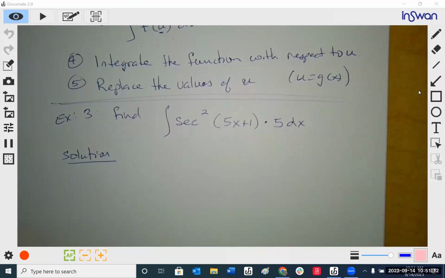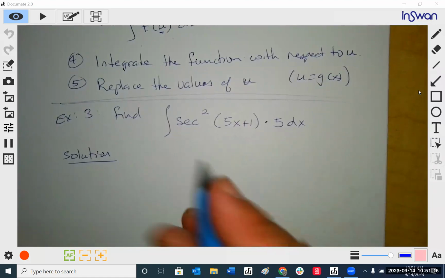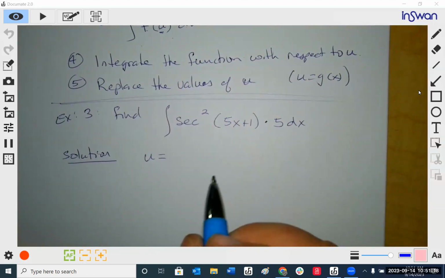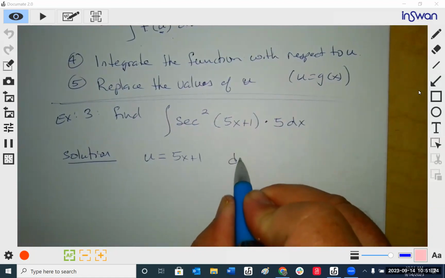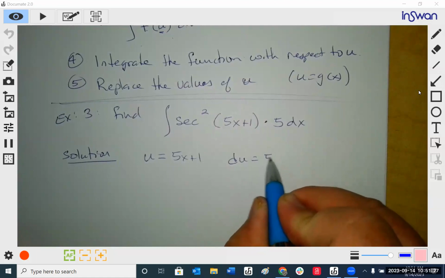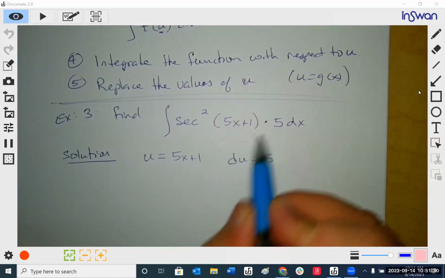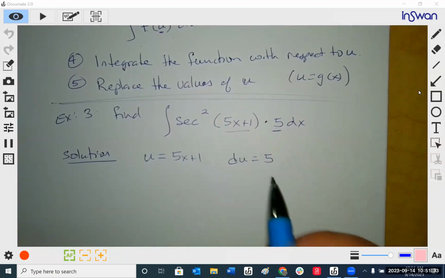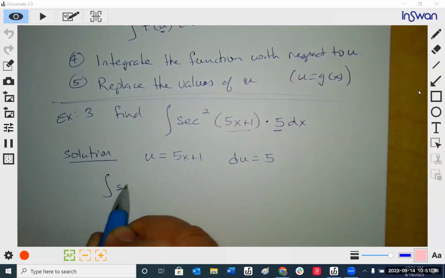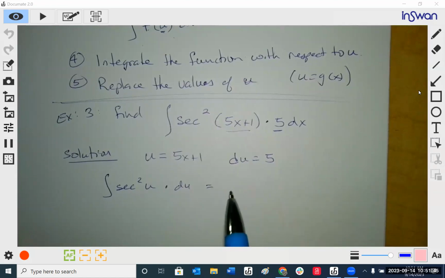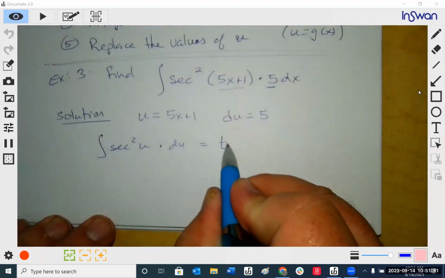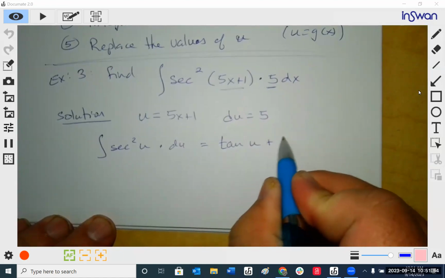Mm-hmm. Tangent of u plus c. But what is our u? What does u equal? So du would give us what? 5. Do we have du? Yes. Here's du. Here's u. So what we have here is secant squared of u times du. Because it satisfies that condition, we can use our chart, which is tangent of u plus c.